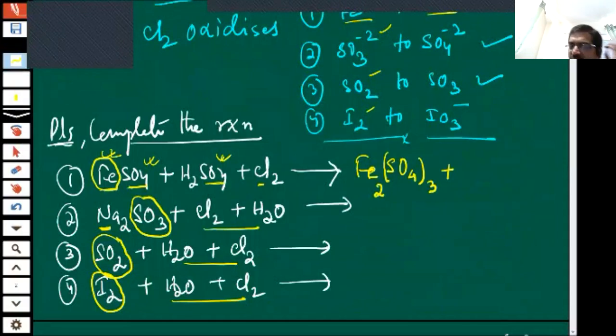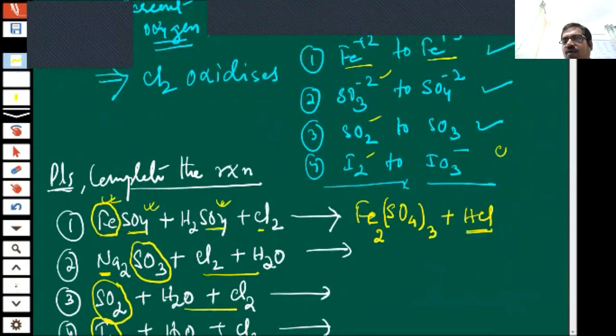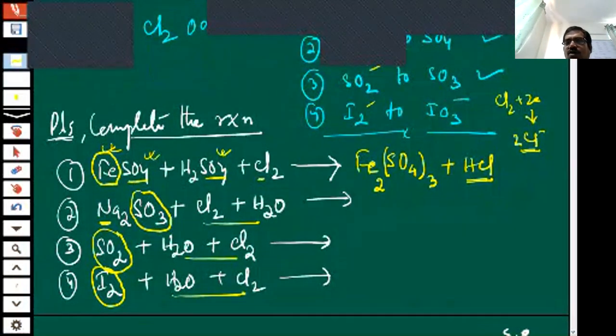Chlorine also accepted some electrons, so that's why you will get HCl, chloride. If chlorine is accepting electrons, then it is becoming Cl minus. So chlorine is also accepting electrons, oxygen is also accepting electrons. So these are the two products.